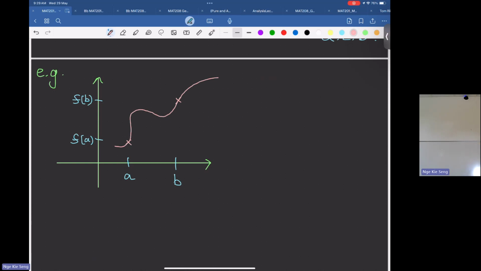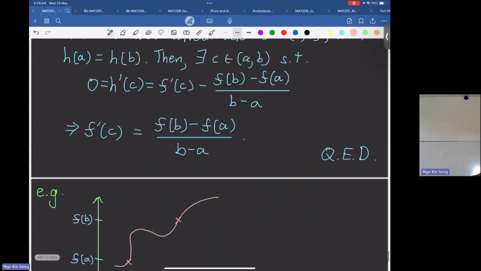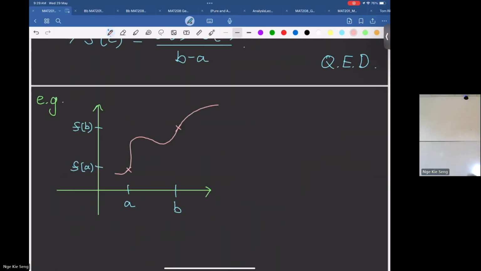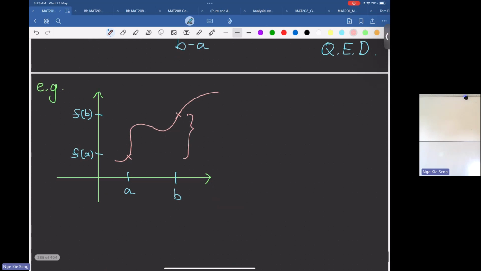So what is (f(b) minus f(a)) over (b minus a)? Whose gradient is that? f(b) minus f(a) is the difference in the y direction, and b minus a is the difference in x, for the points (b, f(b)) and (a, f(a)).